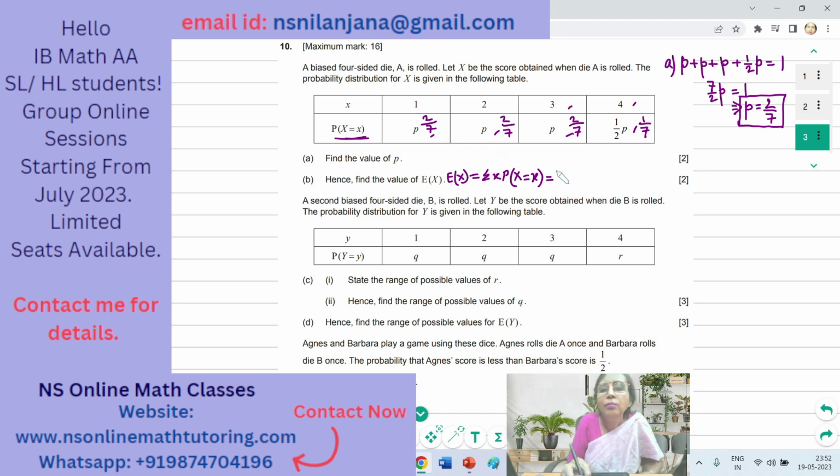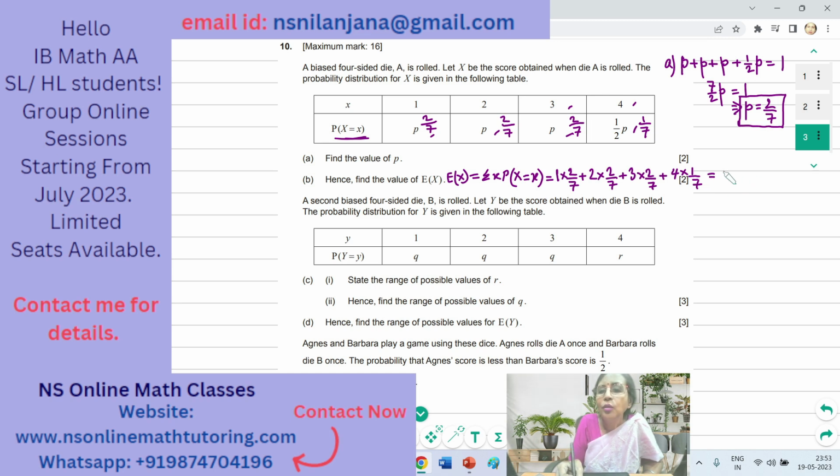Okay. So when X equal to 1, what is the corresponding probability? It is 2 over 7. Plus X equal to 2, probability is 2 over 7. X equal to 3, probability is again 2 over 7. Plus X equal to 4, the probability is 1 over 7.